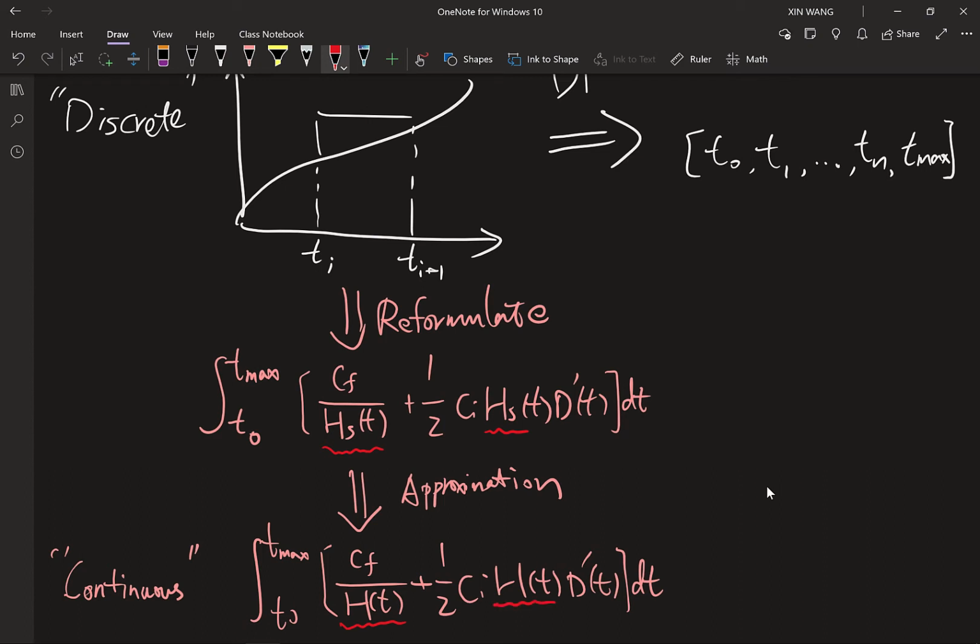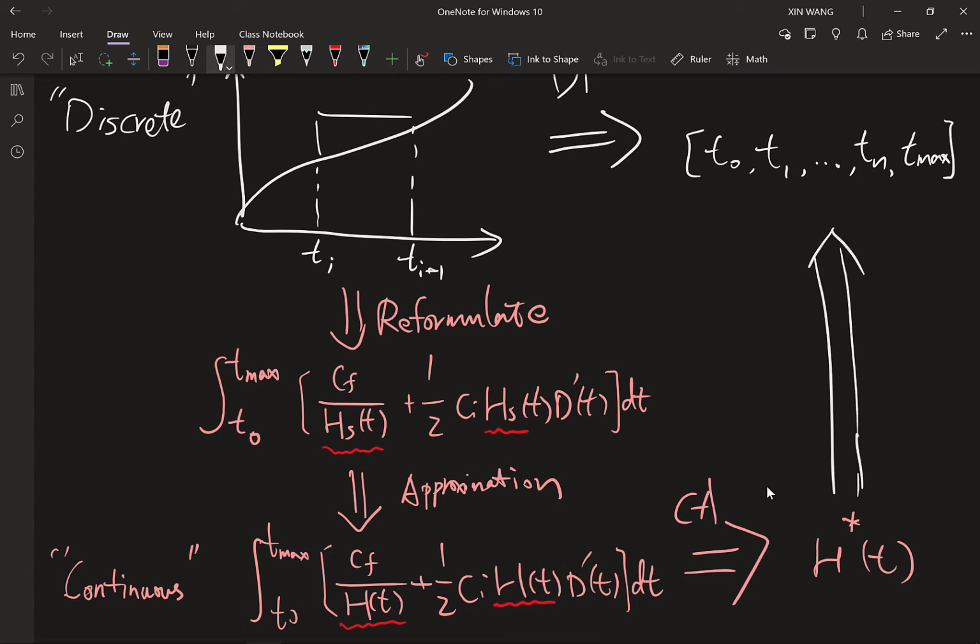Then we decompose the problem into a piecewise homogeneous problem by just optimizing the integrand. So using CA, we calculate the optimum headway at each time point independently. Later on, we convert our continuous solution back to the discrete solution, for example, using our 45-degree method. This tells us how our CA works.